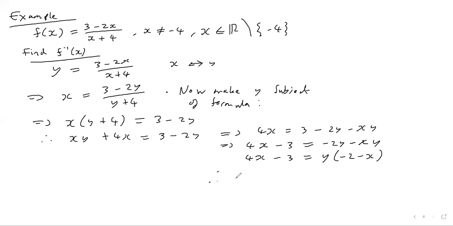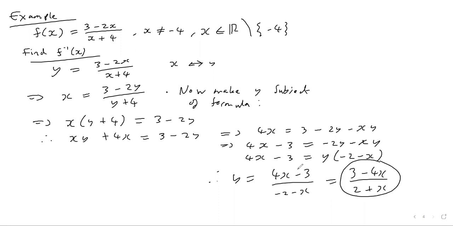So therefore we get y equals 4x minus 3 over minus 2 minus x. That's acceptable, but it's a little bit neater to rewrite this. If we multiply every term by -1, we get exactly the same fraction: minus minus 3 is 3, minus 4x is minus 4x, minus 2 is 2, and minus x is plus x.